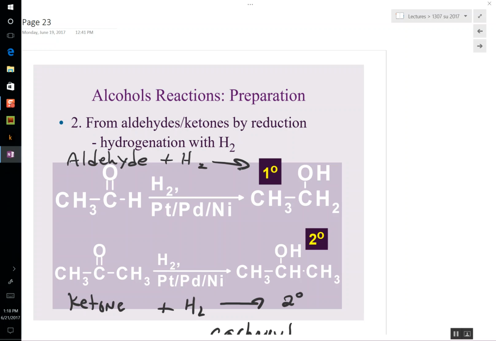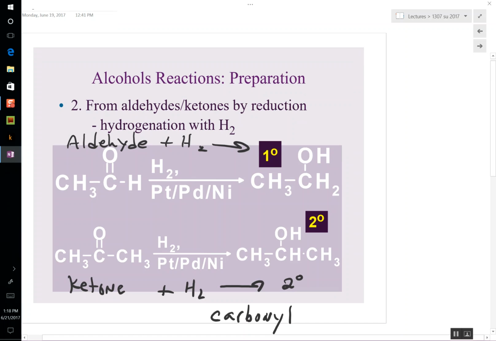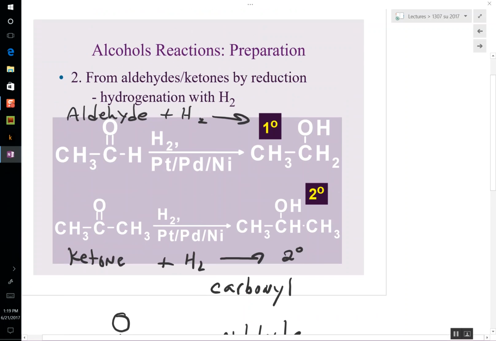So just keep that in mind. Now you know 2 ways of preparing alcohols. The hydration of a carbon-carbon double bond, and the hydrogenation of a carbon-oxygen double bond. Like I said, don't worry about the names of these.